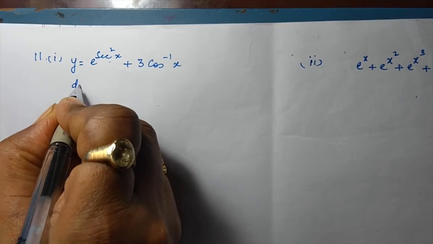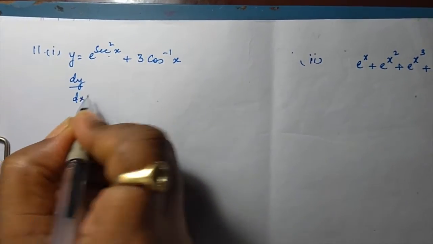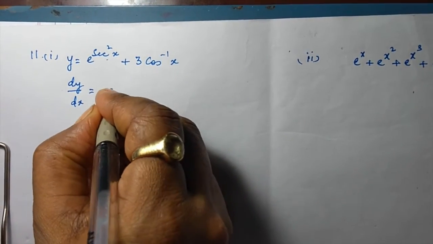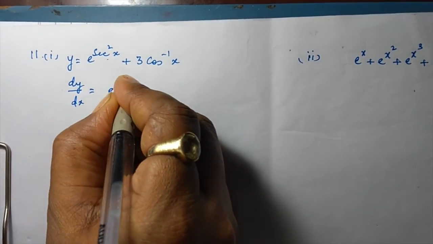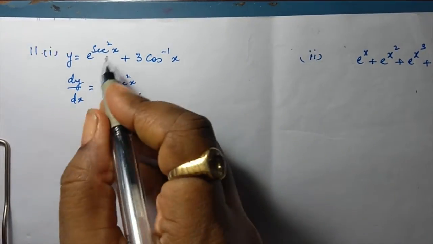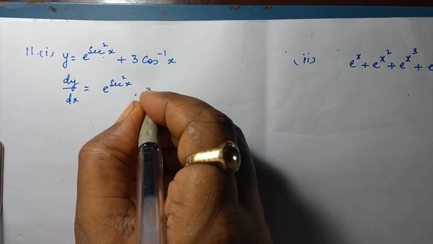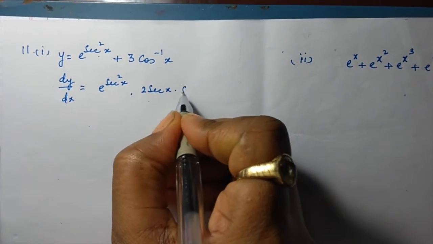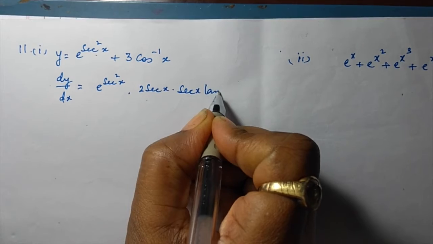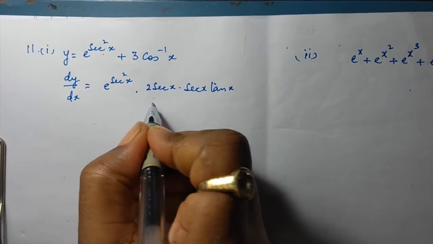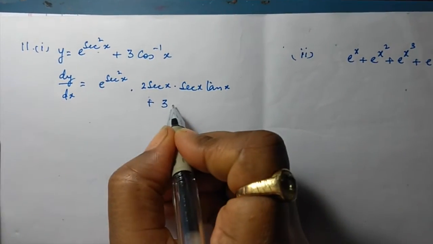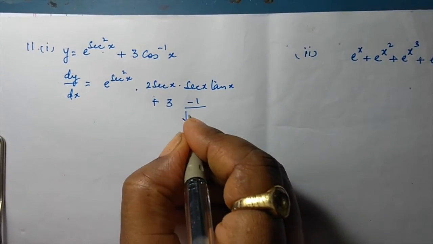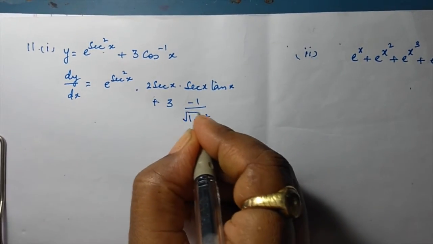So dy by dx equals, now e to the power of x is e to the power of x only. So e to the power of sec square x into the differentiation of sec square x, which would mean 2 sec x. Going inside further, sec x tan x, plus 3 times the differentiation of cos inverse x, which is minus 1 upon under root of 1 minus x square.